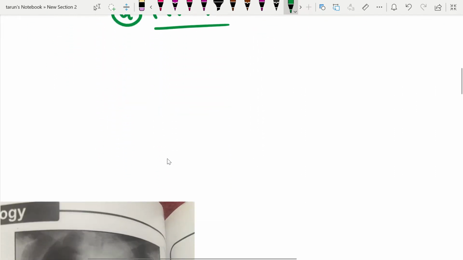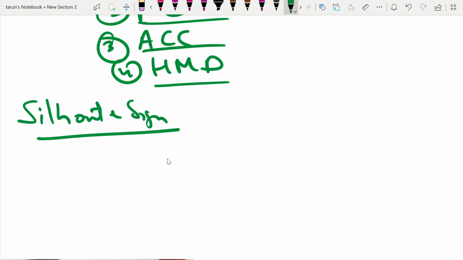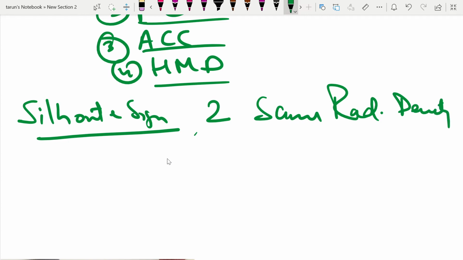So the next question is, what is Silhouette sign? Silhouette sign is when two structures of the same radiologic density are in the same plane, then the interface between the two is obliterated.